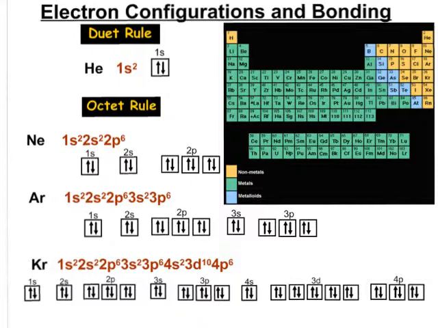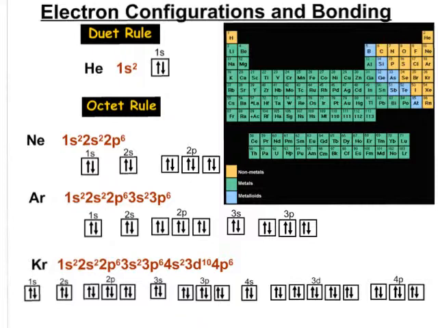First of all, if you'll recall, these elements right here, the noble gases, remember how they are stable. They have a full octet, which means they have a complete 8 electrons in their outermost shell.